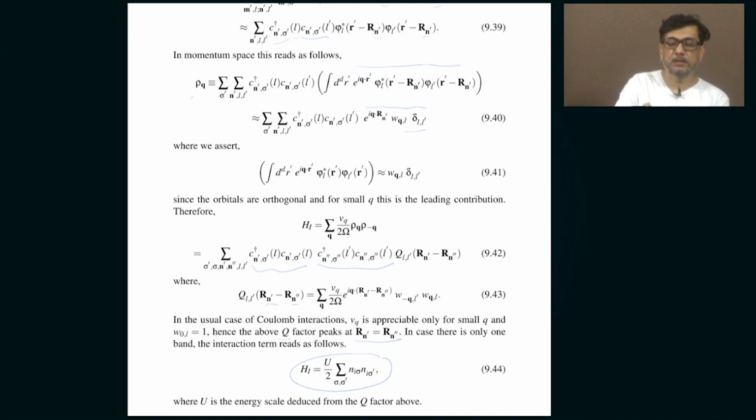But this procedure is necessary because remember that originally the description is in terms of position and momentum operators. So, I have to gradually transform that description so that I end up with a description in terms of electrons hopping from a lattice point to another.